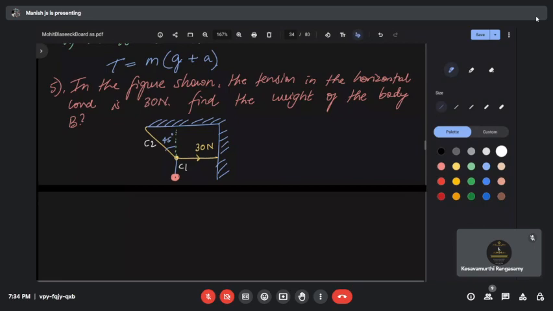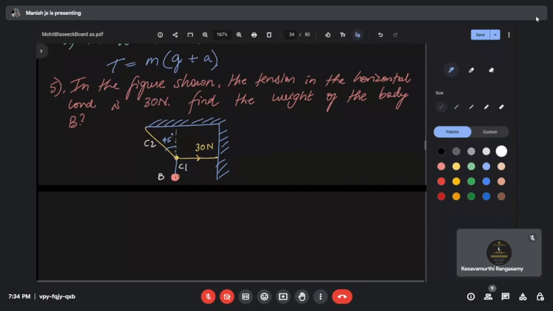So there are two cords. Cord is nothing but rope. The second cord C2 is making an angle of 45 degrees to the vertical, whereas the C1 cord is at the bottom, to which an object B is being suspended. The round object highlighted in pink is object B. So the question here is to find the weight of object B.